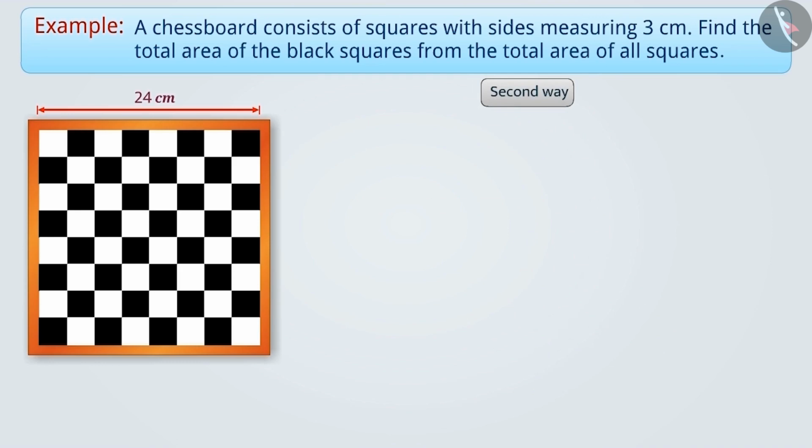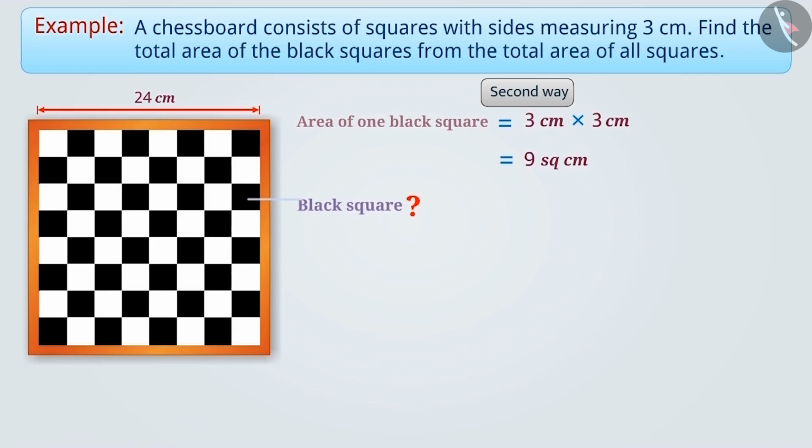The second way is to first find the area of one black square, which will be 3 centimeter multiplied by 3 centimeter is equal to 9 square centimeter. Now, we will find out how many black squares are there on the board. On a chessboard, each row has 8 squares, and similarly, each column has 8 squares.